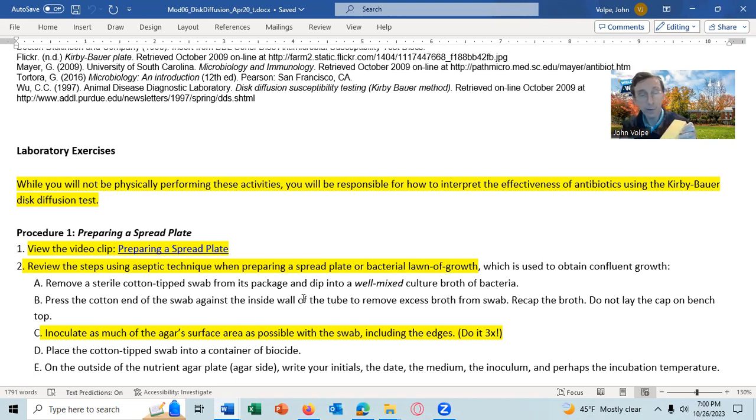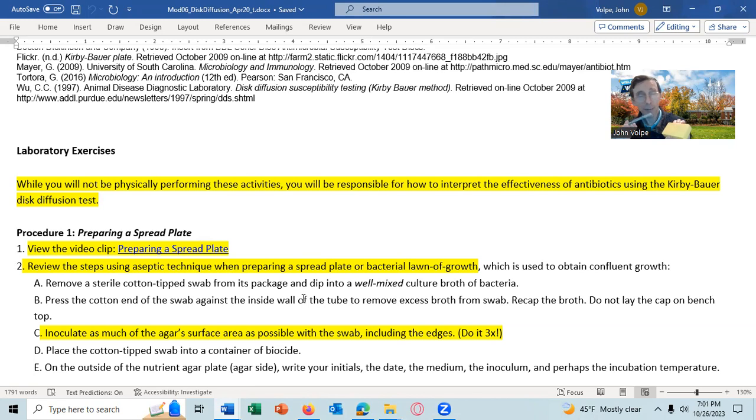And then what you do is you take the swab and you rotate it a quarter of a turn. You take the plate and you rotate it a quarter of a turn. Once again, you swab everywhere on the plate. The idea is to get the bacteria growing everywhere on the plate.